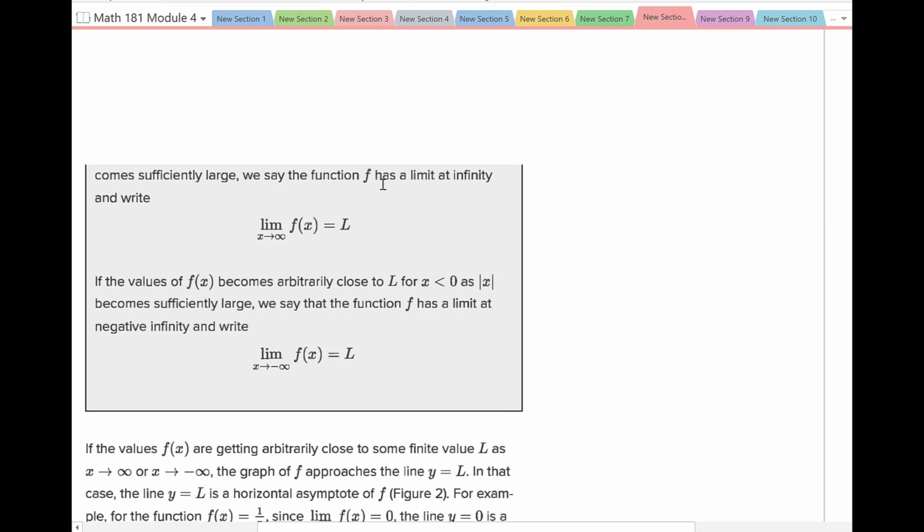We say the function f has a limit at infinity, and we write the limit as x approaches infinity of f of x equals L, if the values of f of x become arbitrarily close to L. As the absolute value of x becomes sufficiently large, we say the function f has a limit at negative infinity, and we write the limit as x approaches negative infinity of f of x equals L. Basically, we're approaching this asymptote L, so we're approaching y equals some value, like y equals 5, for example.